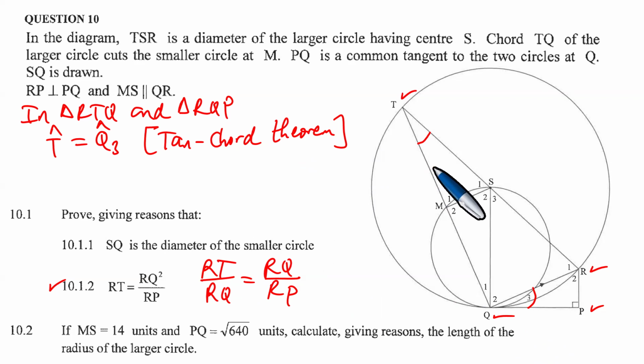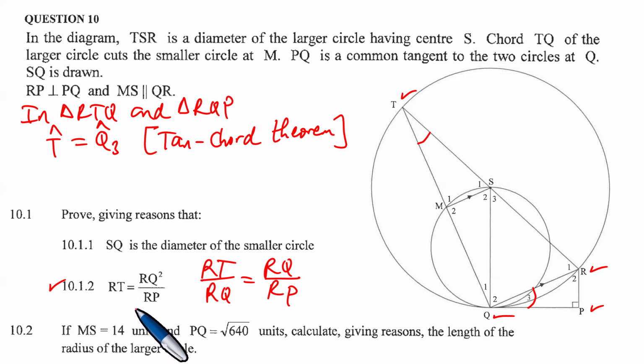Look at this and think about it. So the angle T is equal to Q3. It's the tan-chord theorem from grade 11. Okay, next point.